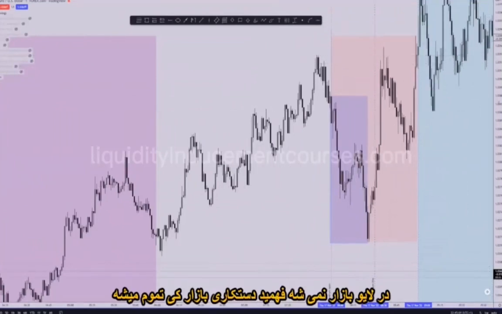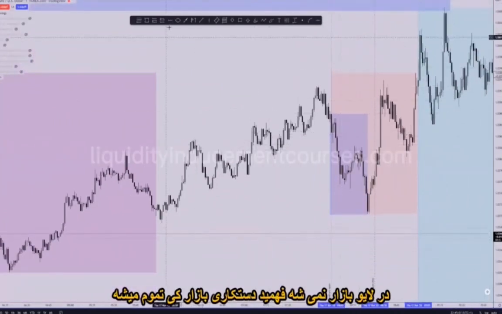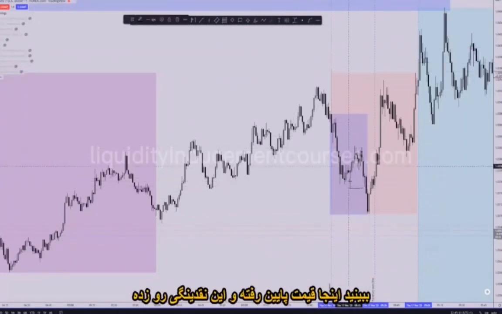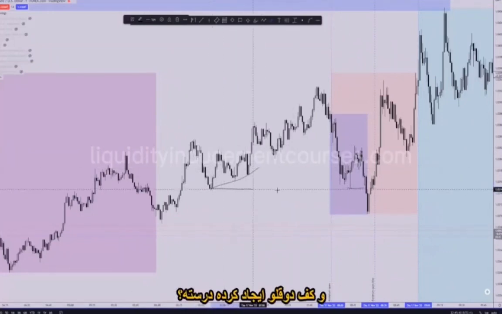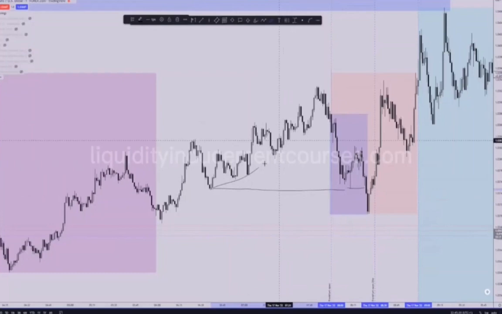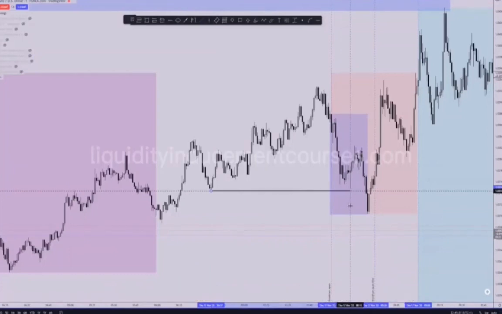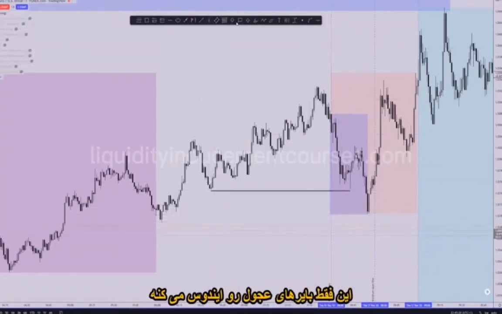And in a live market, you can't know when the manipulation is over, but you can just anticipate it. Either with this, let's say, you see price going down, taking this liquidity out and creating equal lows, right? So you know this is indicating that there might be a reversal coming soon. And it's just inducing early buyers.